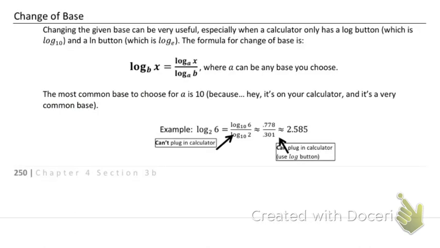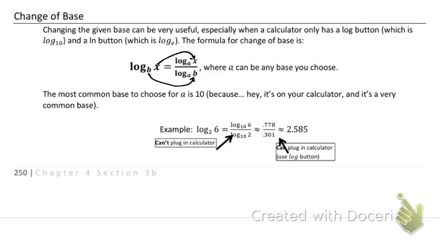And our formula for change of base is, if I'm given log base b of x, and I can't plug that in my calculator, all I'm going to do is take that x and throw it up here, a log on top of a fraction and a log on the bottom of a fraction.